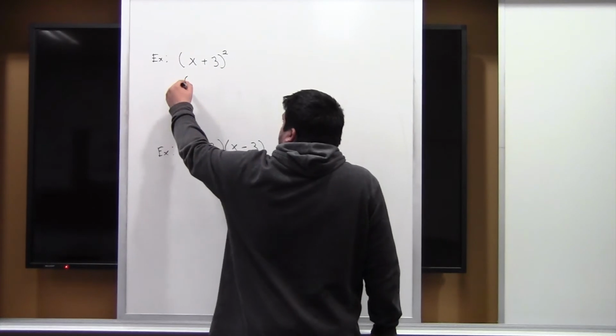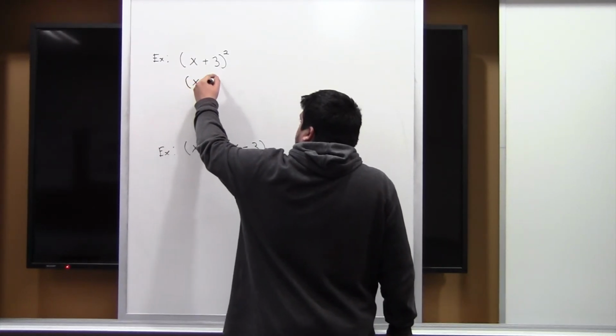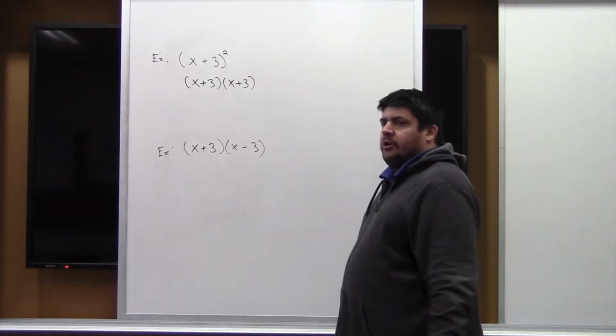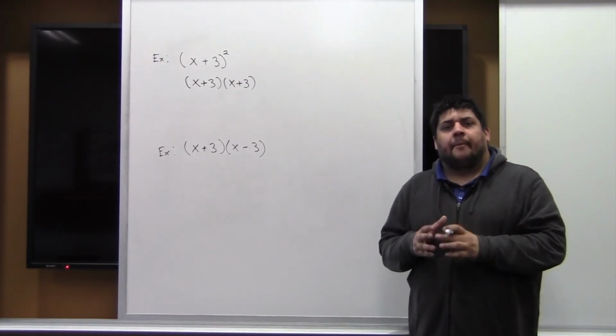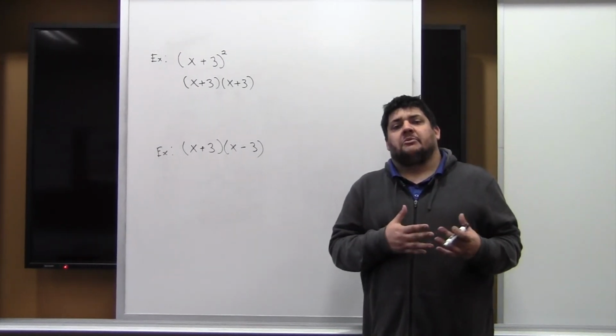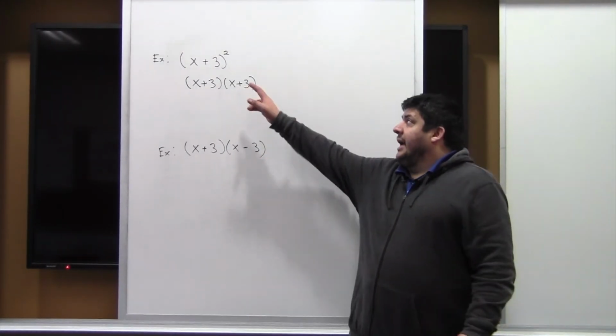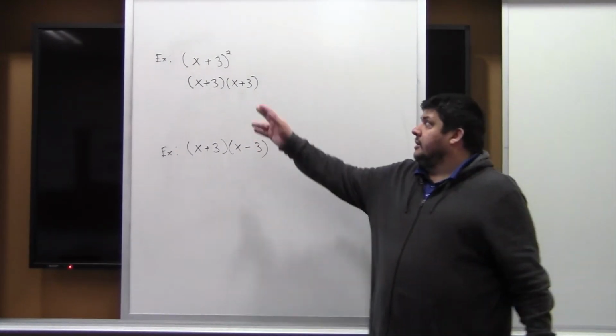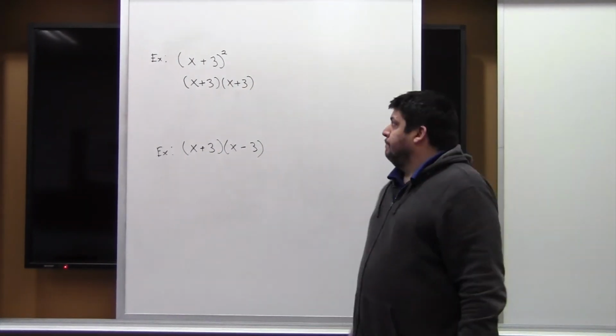The best way to do it is to write it out like this. Because remember, when you're squaring something, you're multiplying that thing by itself again. So like 4 squared is 4 times 4. So x plus 3 squared is x plus 3 times x plus 3. Always remember to do that.